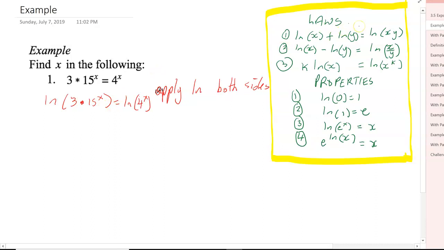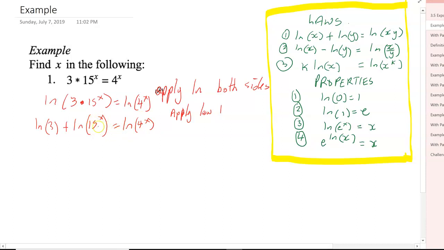We're going to apply a law of log, so we're going to apply law 1 to this. And so this becomes ln of 3 plus ln of 15 raised to the x equals ln of 4 raised to the x.